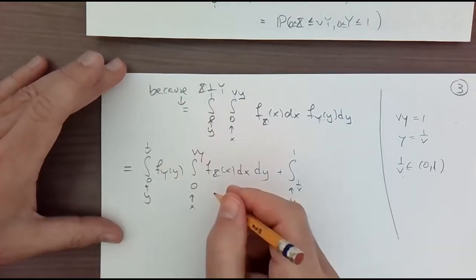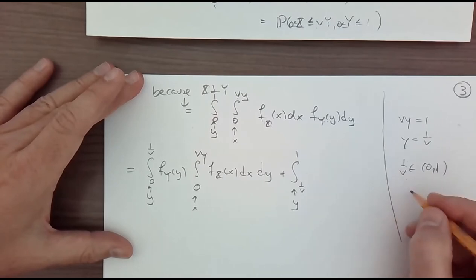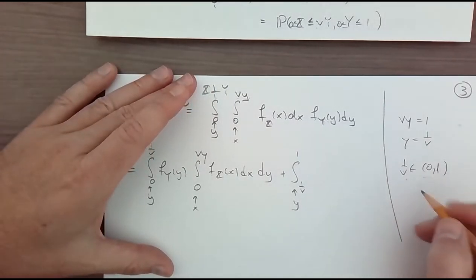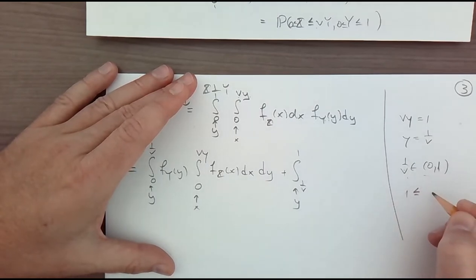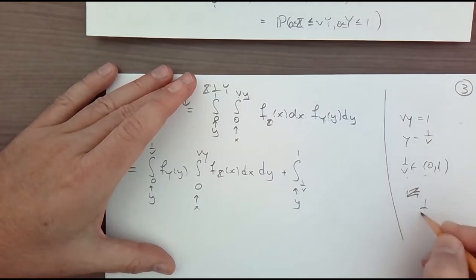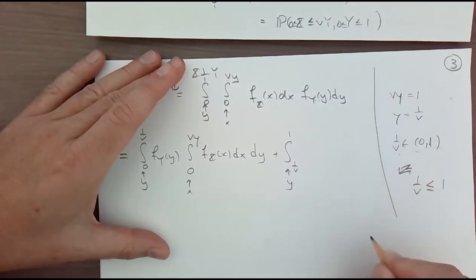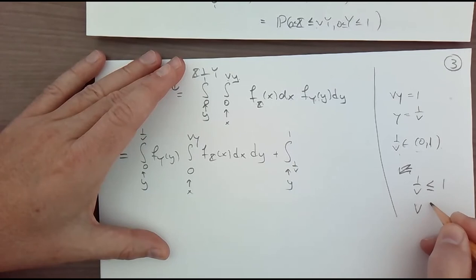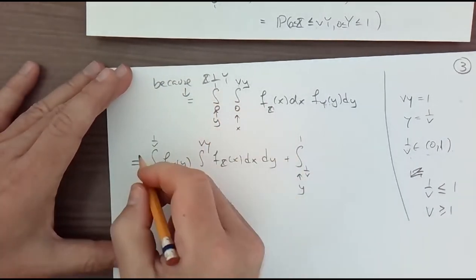So for this to work, I'm going to make the assumption that 1 over v is less than or equal to 1. So I need v here to be bigger than 1.